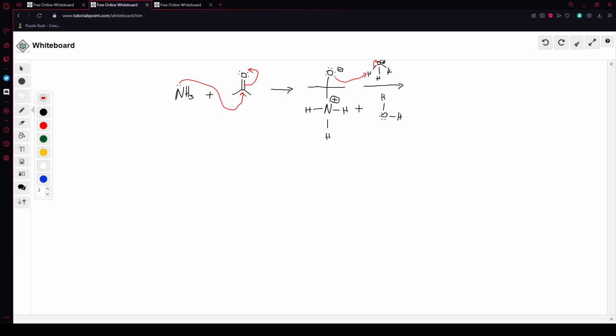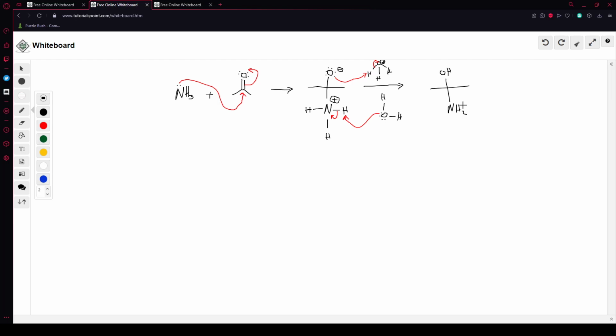And our nitrogen is going to lose a hydrogen to water. So this electron pair is going to bond here, kicking these back, and we will have an alcohol with an H2. So our nitrogen compound has lost a hydrogen, and our carbonyl has gained a hydrogen.